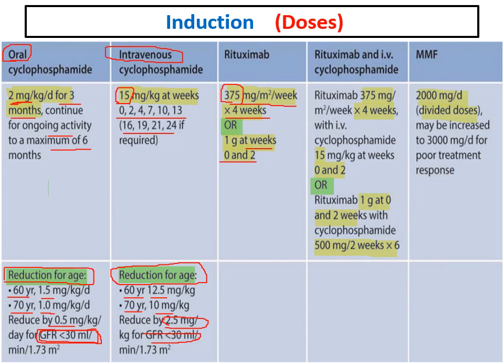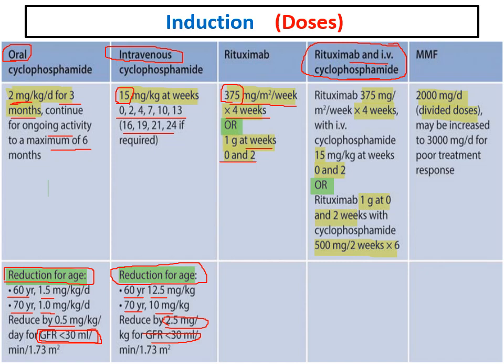If we will use rituximab and IV cyclophosphamide, we can use this regimen in severe cases. In severe cases, the preference will be for cyclophosphamide plus steroids, and we can use in some situations rituximab and IV cyclophosphamide.